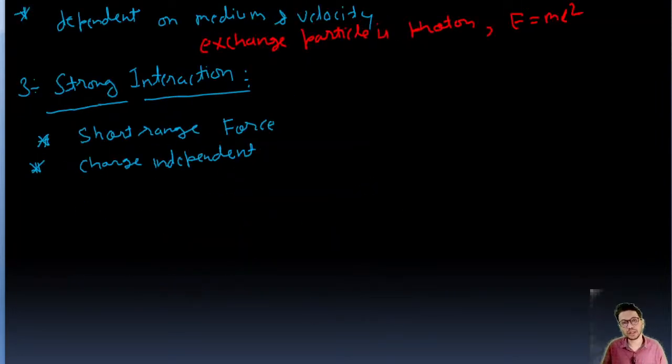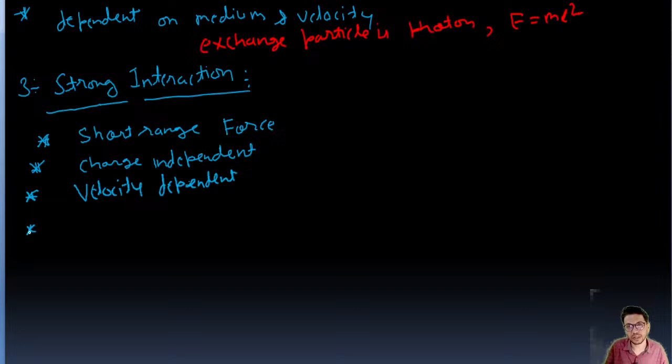Now this strong interaction is charge independent, so that doesn't depend on the charge. That is strong forces, we can say. And this is velocity dependent, so it depends on the velocity of the particle.